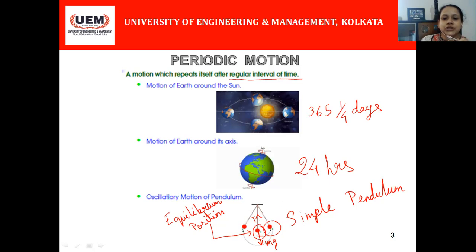So mg is equal to T, the tension in the suspension string, at the equilibrium position. So no net force is acting on the bob at position 1, which is why this position is a very special position known as the equilibrium position.